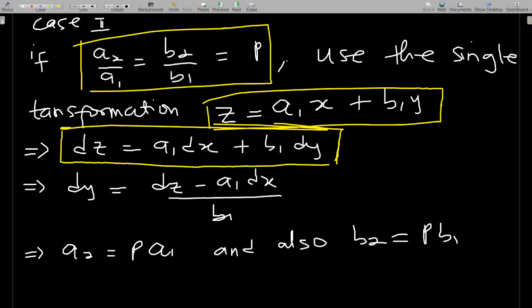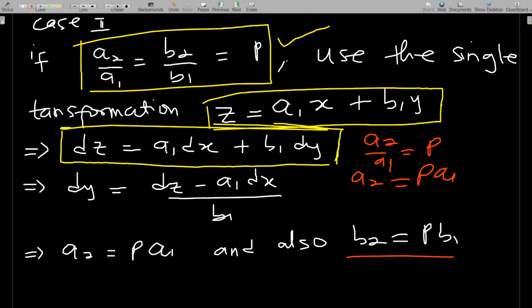Now if I make dy the subject, I'll get dy equal to dz minus a1 dx, all over b1. Since a2 over a1 is equal to b2 over b1 and is equal to p, a2 will be equal to p a1. Similarly, b2 will be equal to p b1.